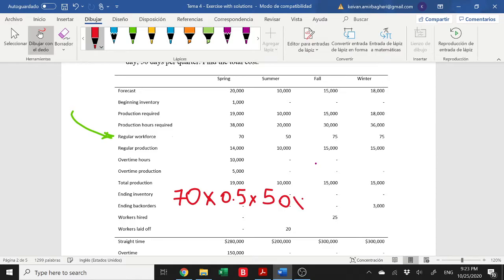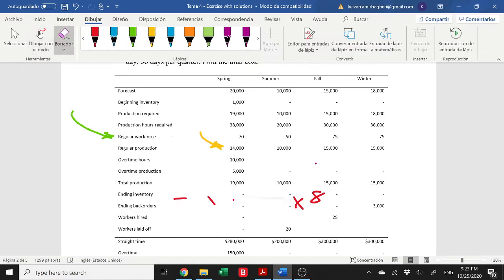And every working day is 8 hours. So I calculate 70 multiplied by 0.5 multiplied by 50 multiplied by 8. If you calculate this one, it gives me 14,000 units of production. What is the meaning of that?